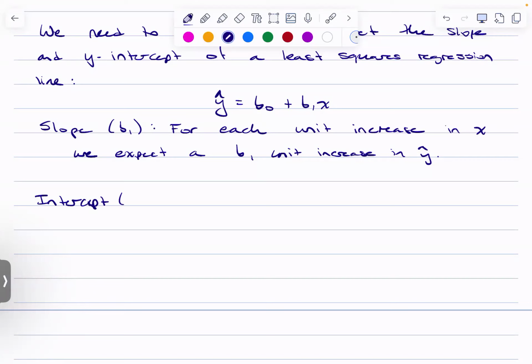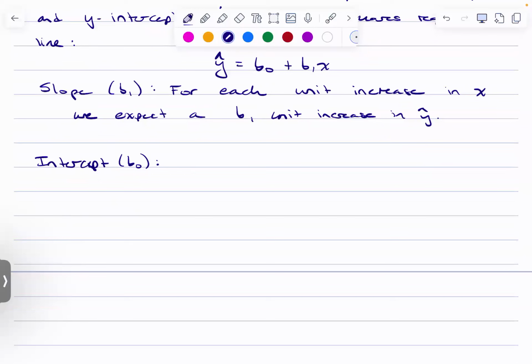For the intercept, slightly easier interpretation. Just like we related the slope to the y hat, how do you relate your b naught to your y hat? Well, it's going to be the predicted value of y when x is 0. Thinking about the y-intercept, that's where x is 0, and that's what we incorporate into our interpretation.